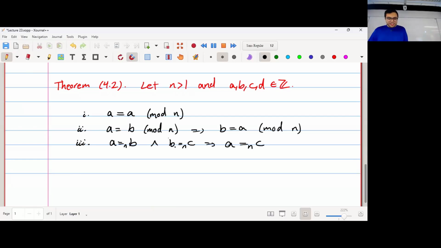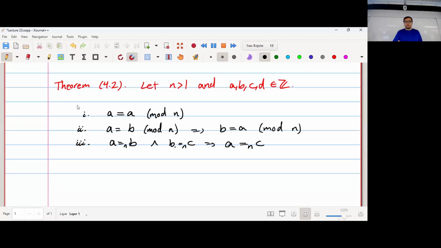Pretty obvious. But the important point here is that this is just saying this congruence or equality modulo n is actually an equivalence relation. So it partitions all the numbers into a bunch of equivalence classes, and our equivalence classes are basically based on the remainders.